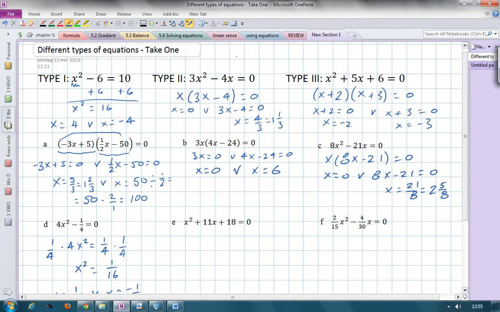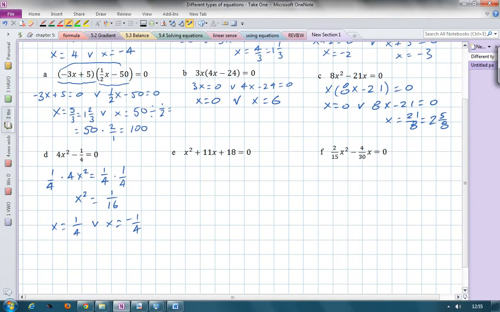Why? It has an x squared term, an x term, and a constant term, so we must factor it as it is there. And that will give me x plus 2 times x plus 9 being equal to 0, giving me that x is equal to minus 2 or x is equal to minus 9.